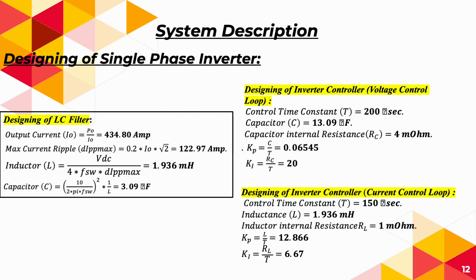According to the calculation, we have designed the inductor used for the filter, then the capacitor, and after that, because in this single phase inverter one PI controller is also used, we also have to design the KP and KI, which are the proportional and integral gain of that PI controller.